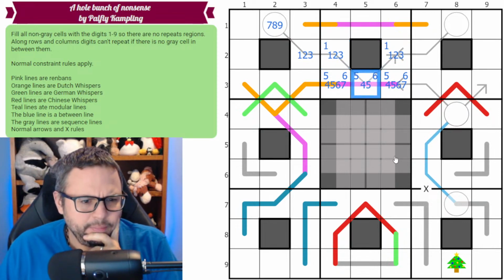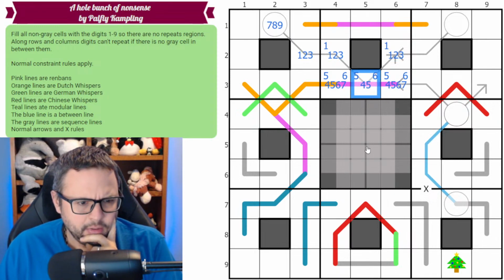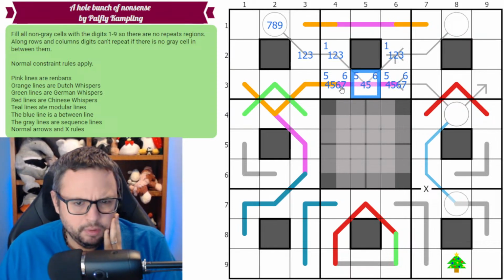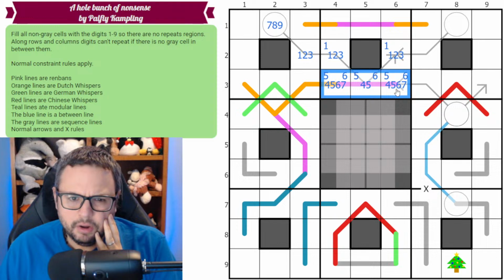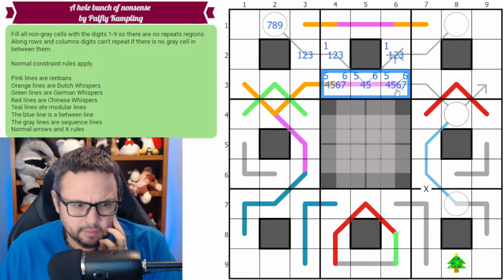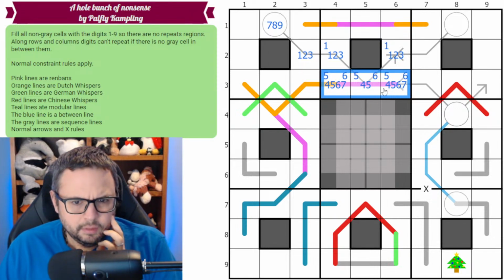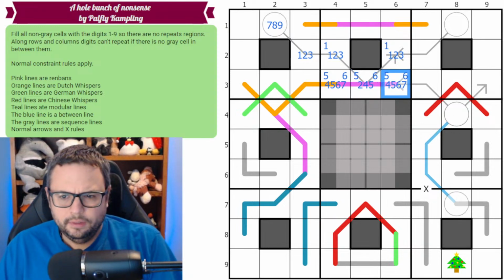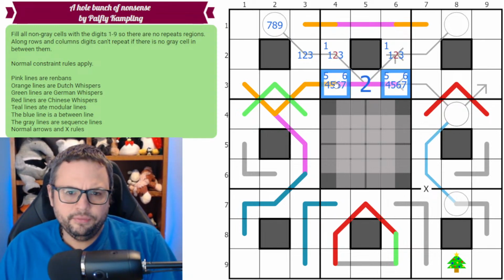People are claiming that I missed something. How could this be a 2? This is a 3-cell long Renban, right? So if this is a 2, these are 3 and 4.